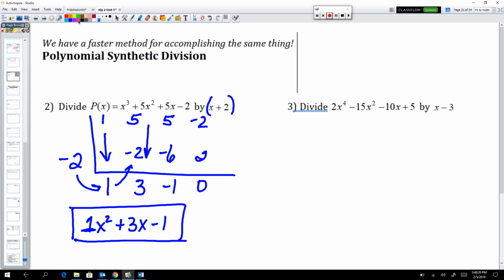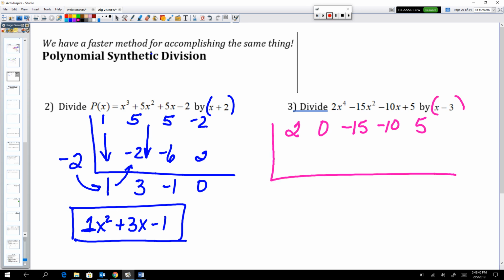Let's try the next one together. We have everybody in power order, but it looks like we're missing some power, so we need to have some 0 placeholders. So let's get those taken care of. So we have the 2, we're missing the cubic, we have the quadratic, we have the linear, and we have the constant. And then if this is the factor, the 0 associated must be 3.